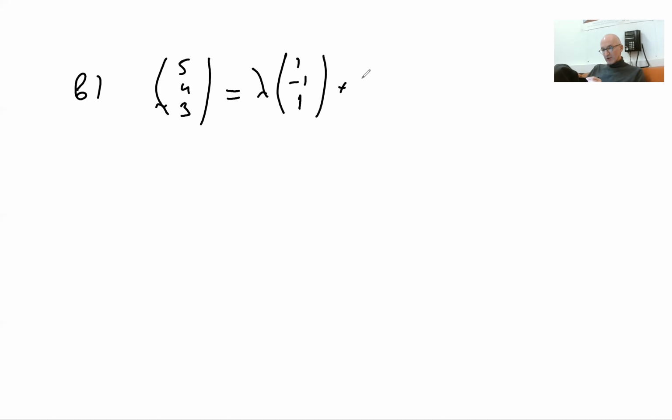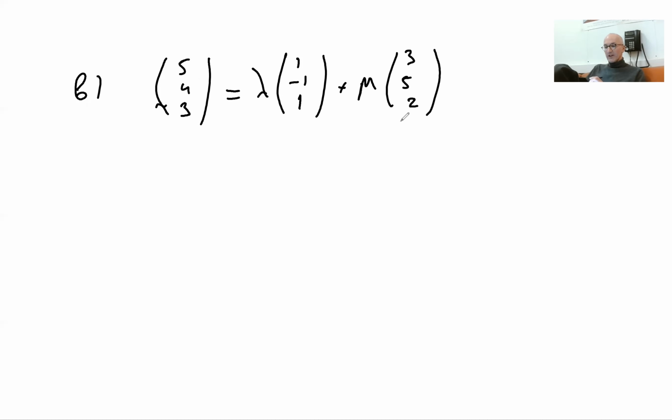Let's do part B. The question: is it true that (5, 4, 3) is a linear combination of u and v? Again, we can do it by the book. Suppose this is a linear combination of u and v: lambda times (1, -1, 1) plus mu times the vector (3, 5, 2).